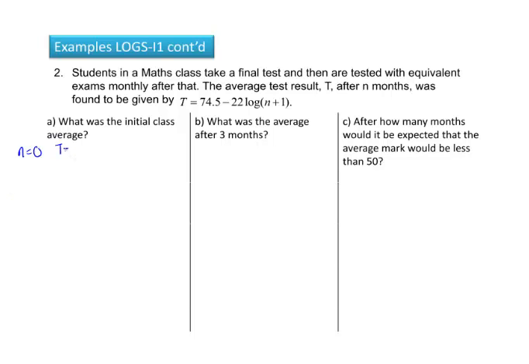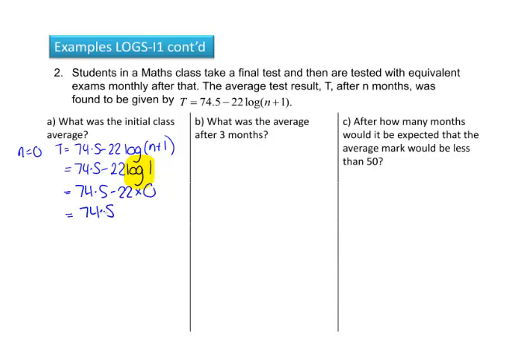So T equals 74.5 minus 22 log of 0 plus 1, which is 1. Log of 1 is equal to 0. So now I have 74.5 minus 22 times 0, which is simply 74.5.